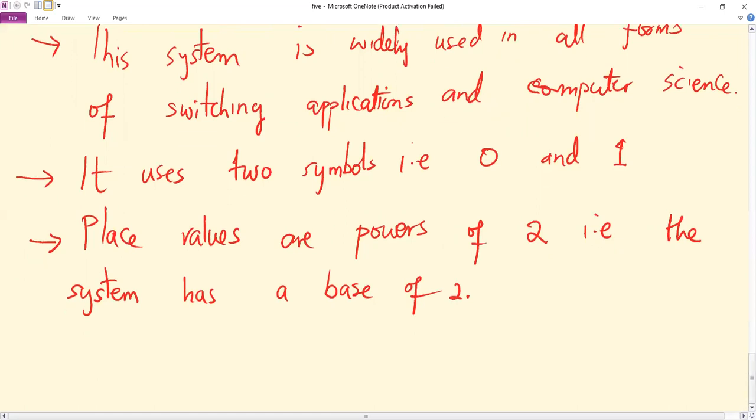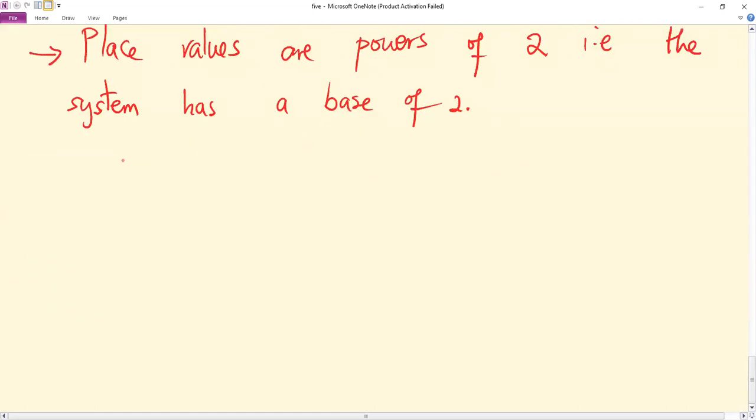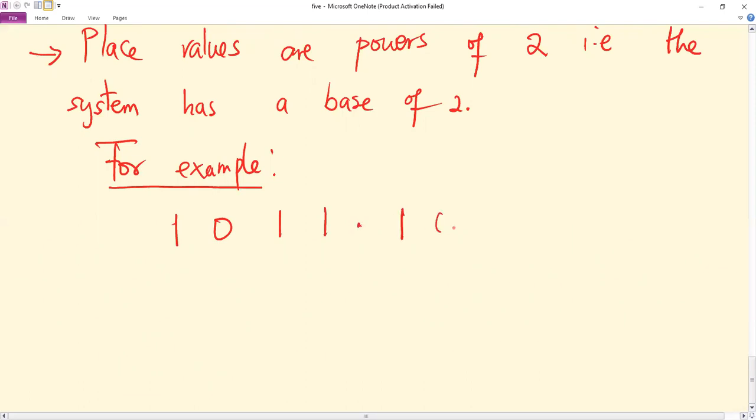Now I give an example. For example, if I have a number 1, 0, 1, 1.101, it has place values.